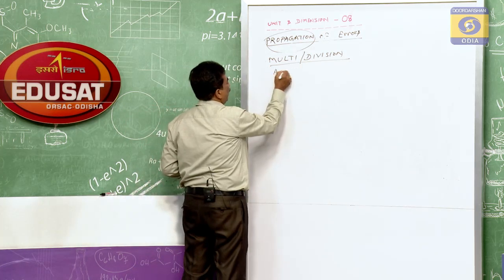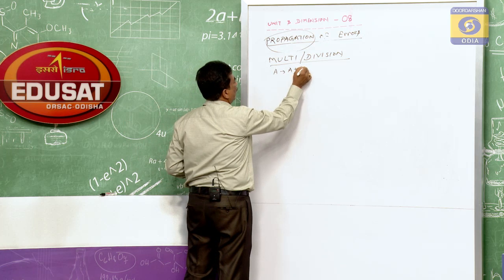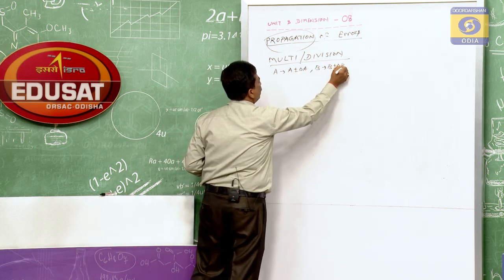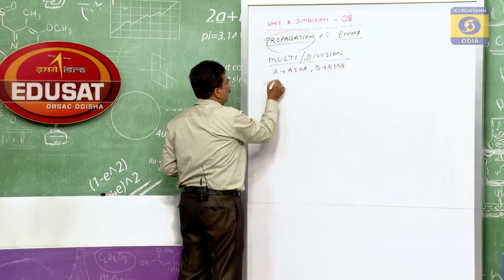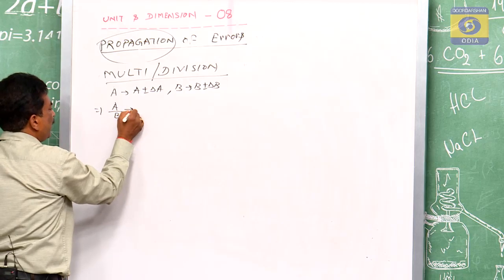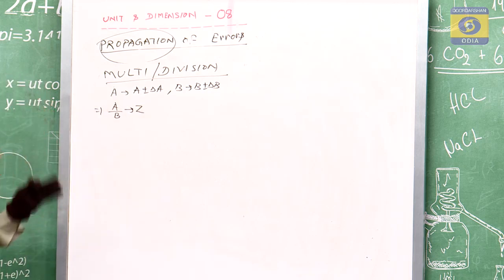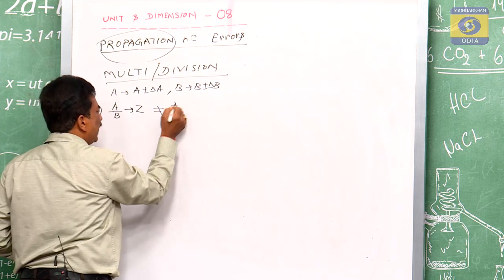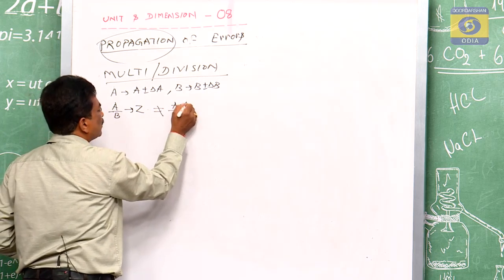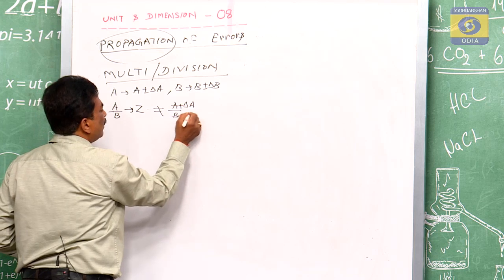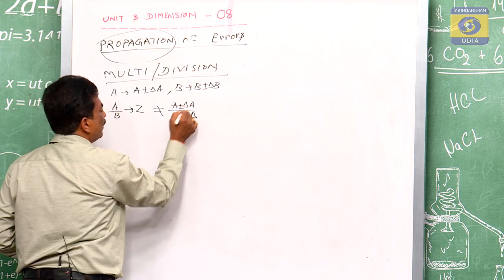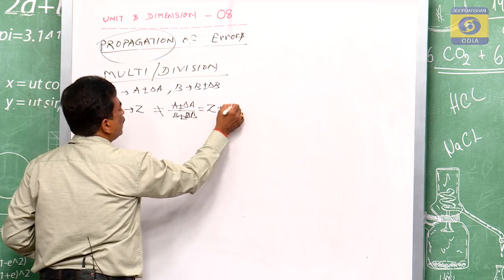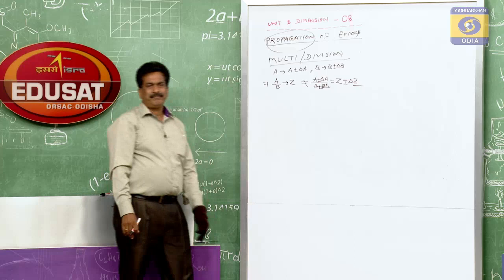So here A is not your A, B is not your B. A by B is something for its real value, but that will not be your Z. A is plus or minus del A, B is plus or minus del B. So that is not your Z, Z with some del Z.